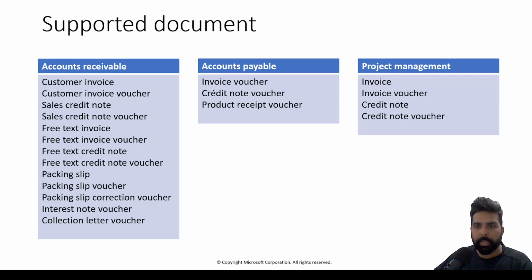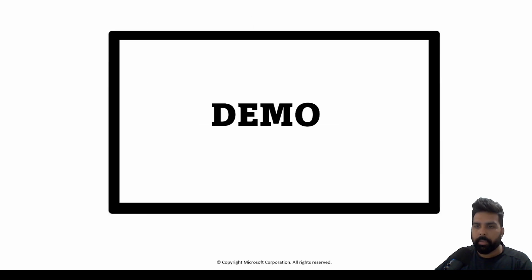So now let's move to the demo, how it works in D365. Let's see how we can define the configuration and how we can use them further. Okay, so I'm going to use the example of the free text invoice. And my scenario is that my customer wants the free text invoice number generated based on the year prefix.